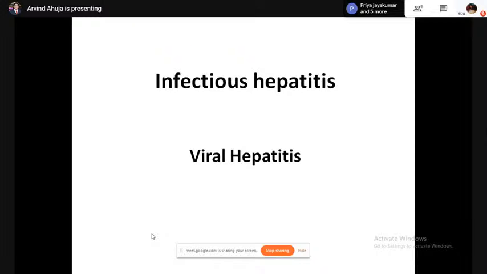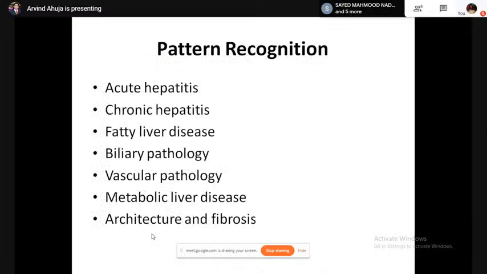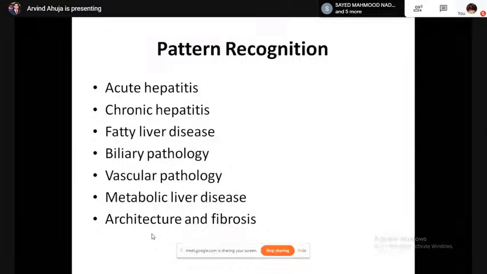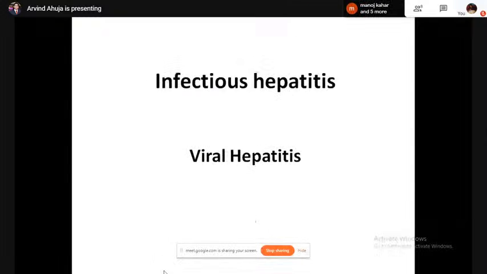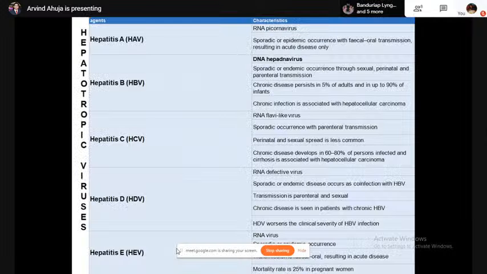Now, today we are going to see predominantly acute hepatitis and chronic hepatitis patterns, because we are going to see infection-related hepatitis and inflammation of the liver. As we all know, viral hepatitis is the most common cause of hepatitis, and these are the hepatotropic viruses: hepatitis A, B, C, D, and E. All are RNA viruses except hepatitis B, which is a DNA virus.